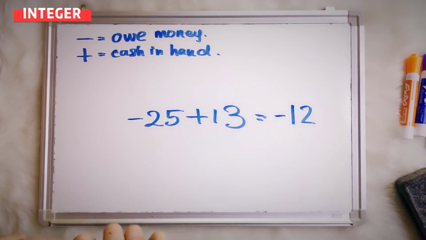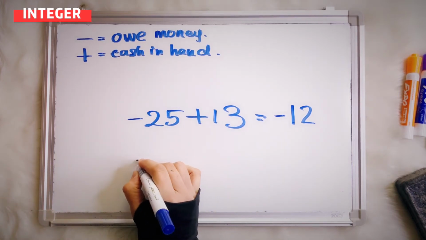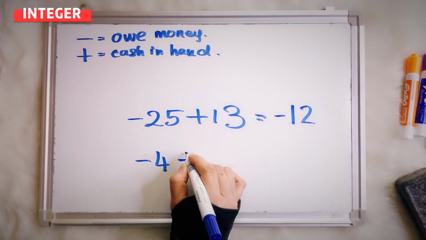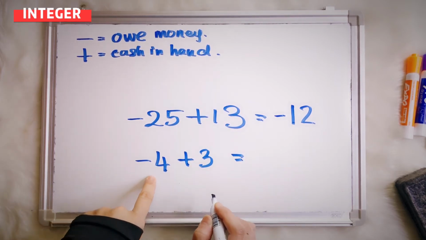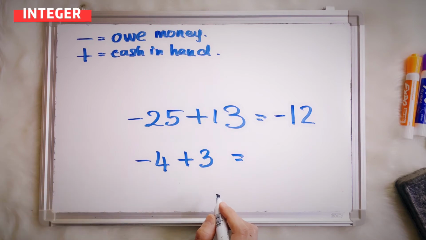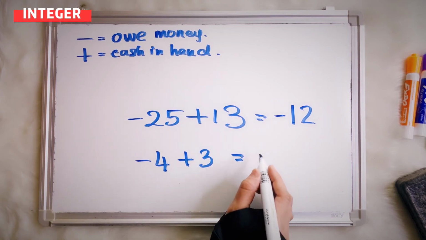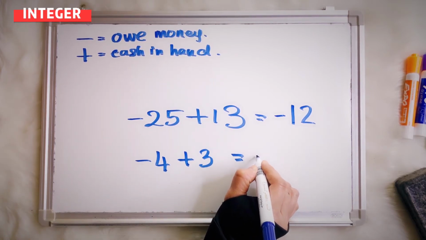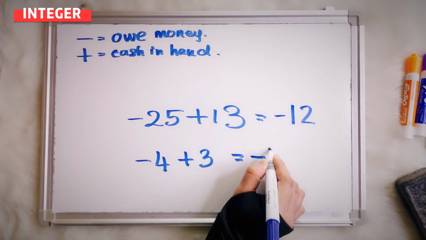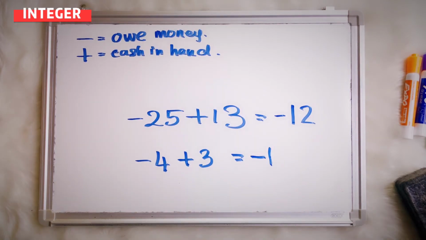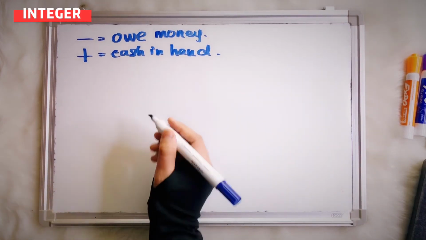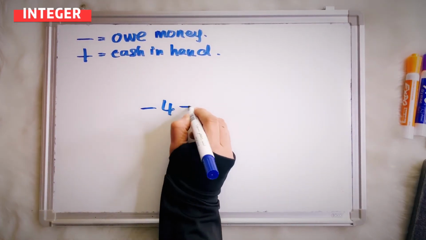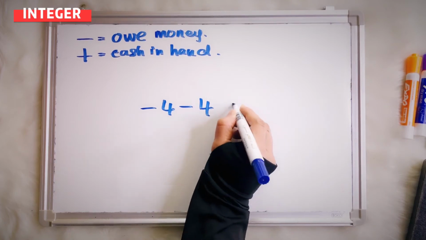Alright? So next, let's say I give you negative 4 plus 3. You owe me $4, but you have cash in hand right now, you have $3. So that means your balance now, you owe me $1. Okay, how about this kind of question? Negative 4, negative 4. All right.